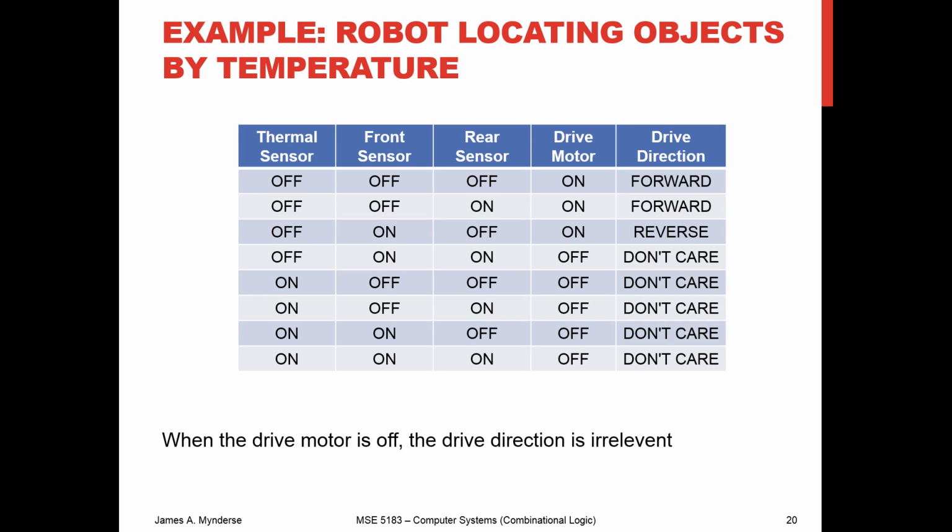Ignoring what the sensors are doing, there are cases where the motor drive is off. And if the motor is off, then why would I care about the direction I have told the motor to go? The direction is irrelevant, I'm not moving anywhere. So those are don't cares. They can be whichever value, it's not going to make a difference.